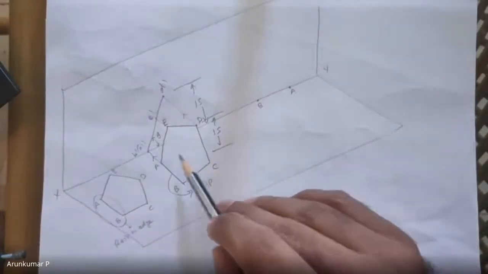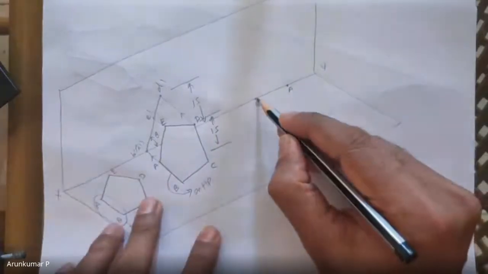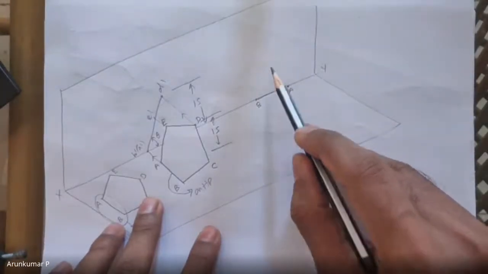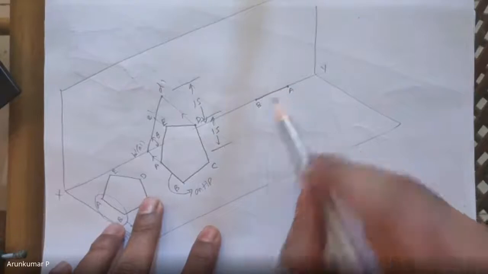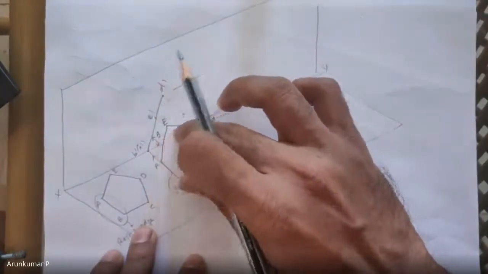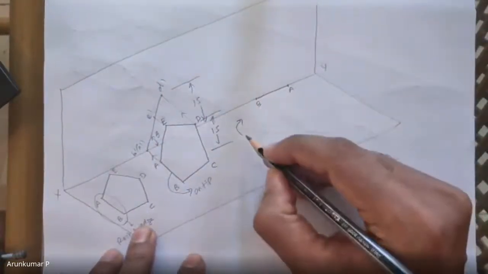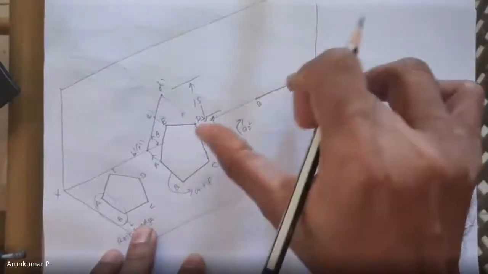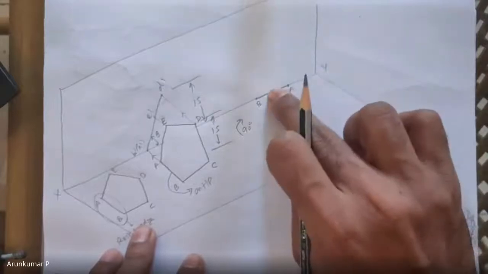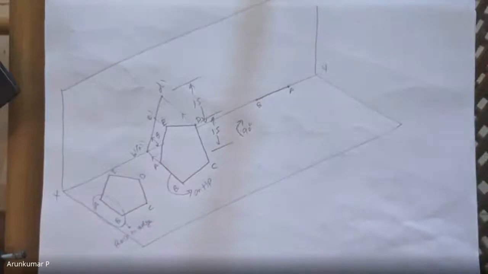So basically, AB should be on XY line. If AB is on XY line, then you say that the edge AB is touching VP, it is touching HP at the same time. So you have to relocate, reposition this second step and maybe rotate in the clockwise direction again by 90 degrees and reposition it in such a way that AB is on XY line. That way, AB will be touching VP, it will be touching HP also at the same time.